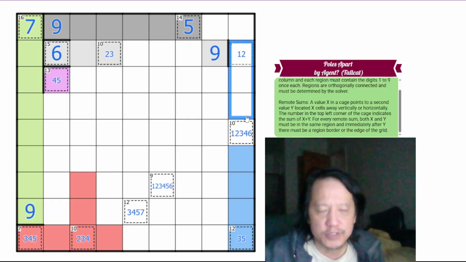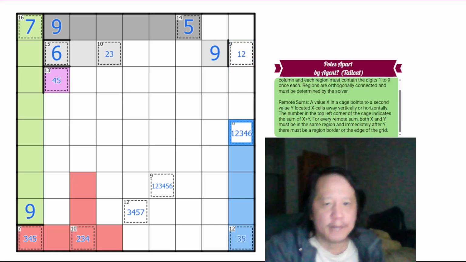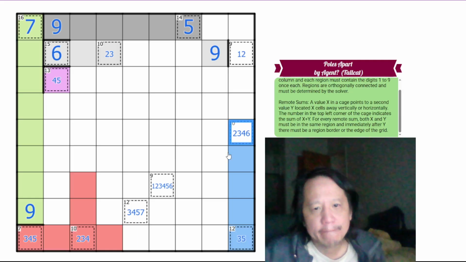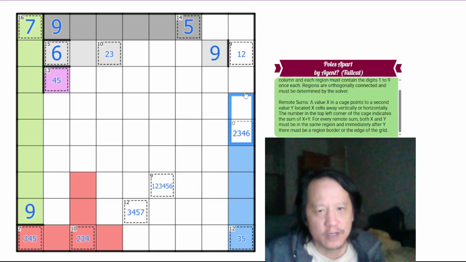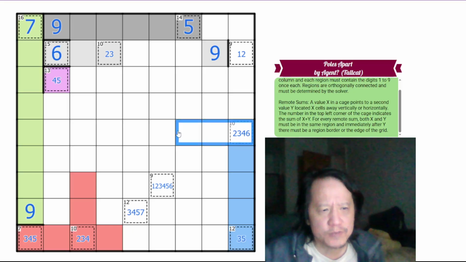But then it has to be 2 that way, which would mean this cell is part of 2 regions. So this cannot be 1. 2 away does work if it goes this way, and it can go this way too. No, 2 cannot go this way. I think this has to go this way no matter what then, right?